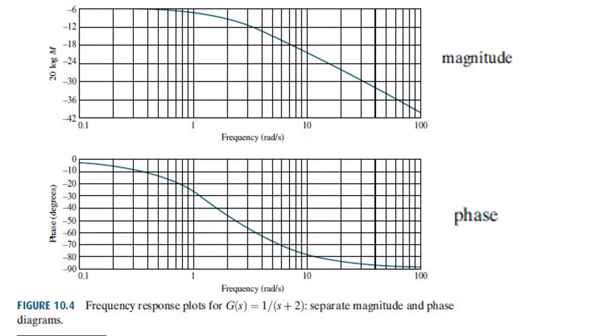Usually when we draw a Bode plot, there will be two graphs. The top one is the magnitude, so we have the frequency here and our magnitude in terms of 20 log M, which means in dB units. The bottom one represents the phase in degrees.